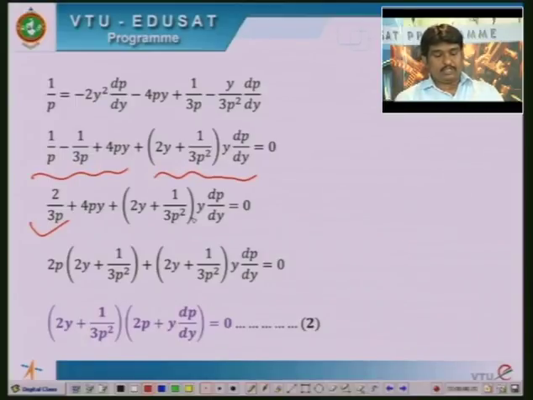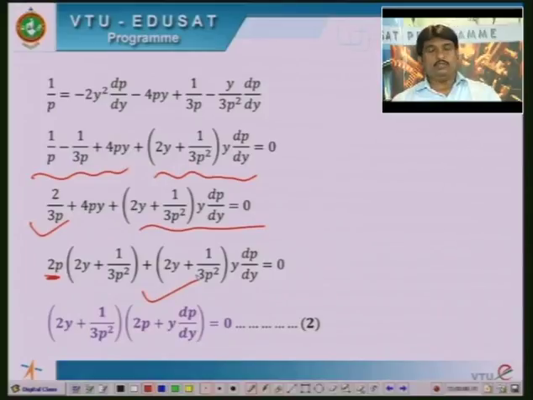Next, take 2p common here. After taking 2py + 1/3p² outside, you will get another factor as (2p + y dp/dy) = 0.